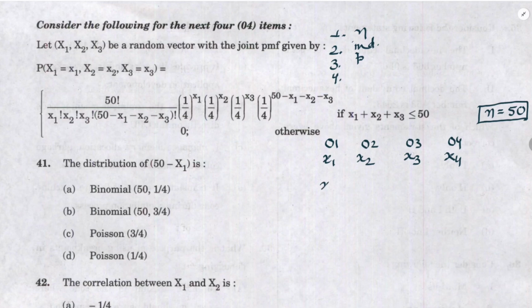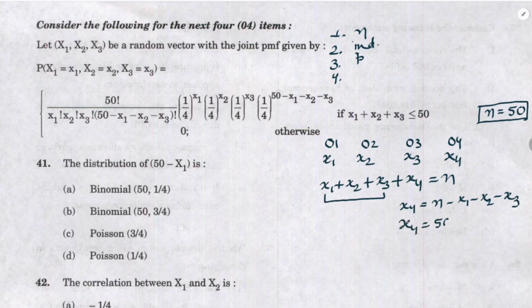So if we add x1 plus x2 plus x3 plus x4, then the total number of occurrences should be equal to n. Now if we take x1 plus x2 plus x3 to the right hand side, we get x4 equals n minus x1 minus x2 minus x3. The value of n is 50, so this will be 50 minus x1 minus x2 minus x3.